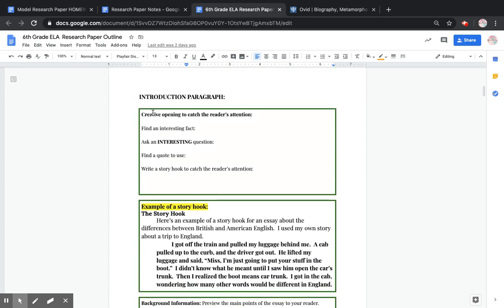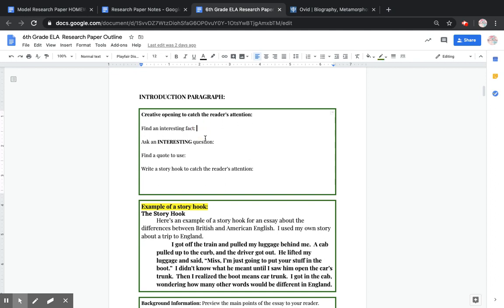So here is your work. It says a creative opening to catch your reader's attention. So I want something really cool or interesting, or a quote or a story. So, an interesting fact.